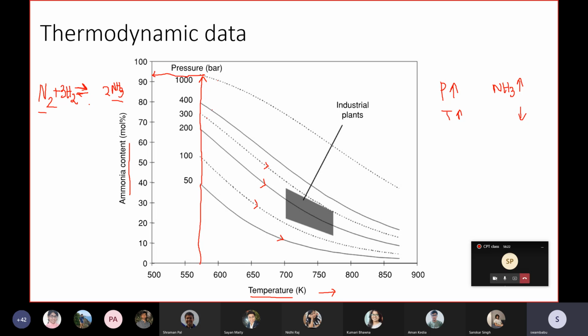So the conversion from ammonia back to nitrogen and hydrogen will be more dominating.